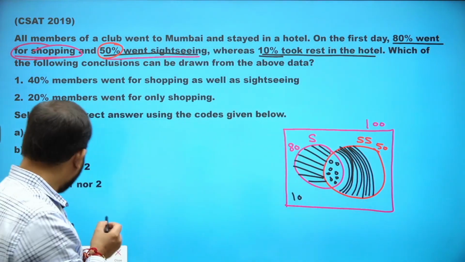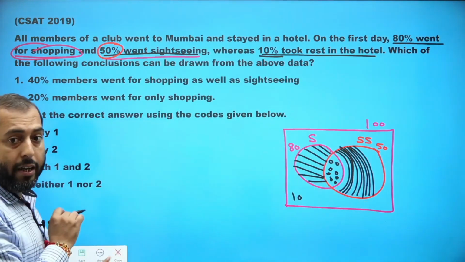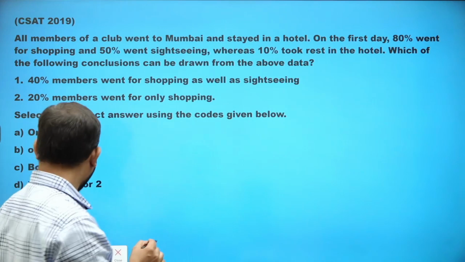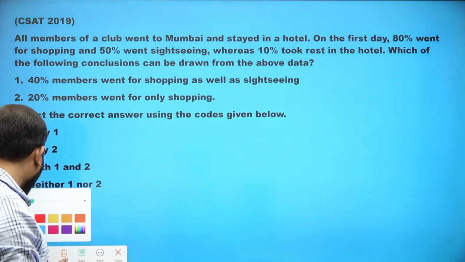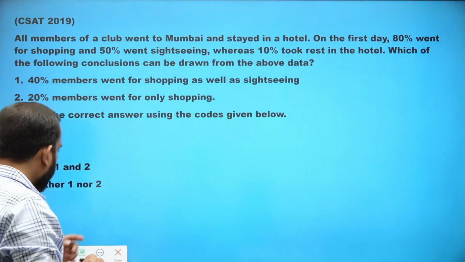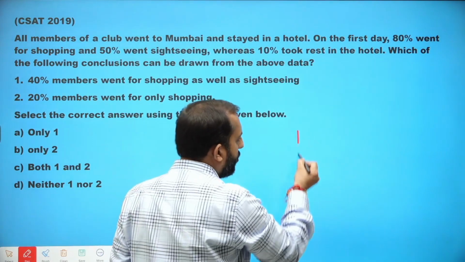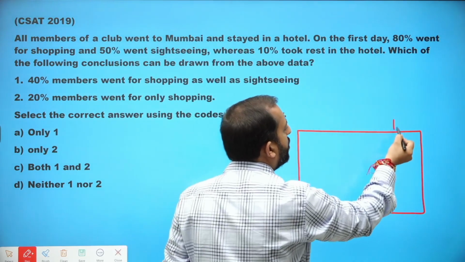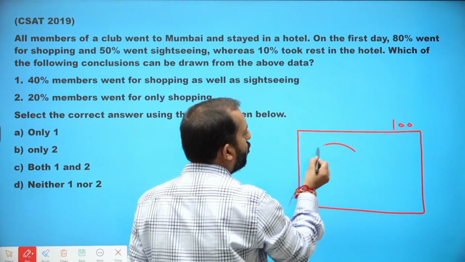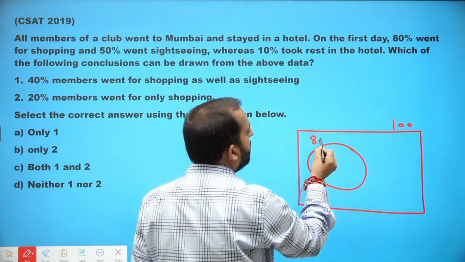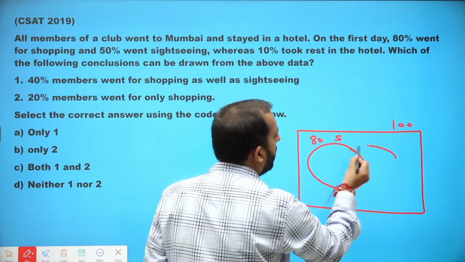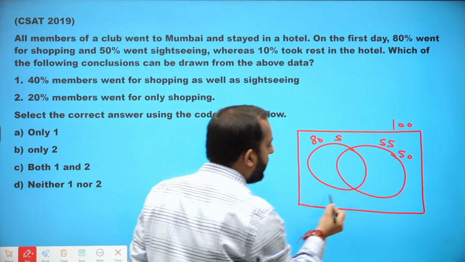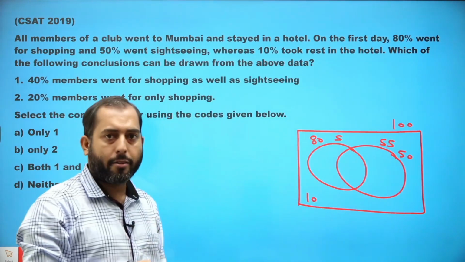Oh sorry, I cleared it all. Now let me draw this one more time. In this complete Venn diagram, I have assumed the total people were 100. Out of 100, 80 people went for shopping, 50 people went for sightseeing, and 10 people took rest.